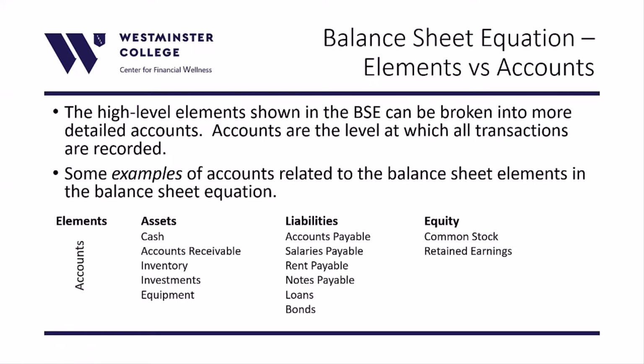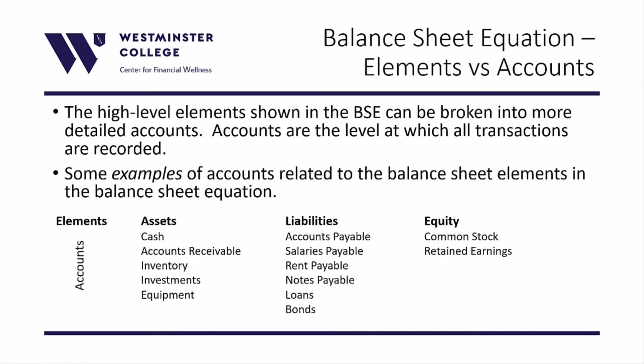Okay, this is an important level of understanding because accounting transactions are recorded at the level of accounts. So these are the accounts right here. Thus, this level of detail is typical in accounting systems. They will enter or record the transactions for a company at the account level.